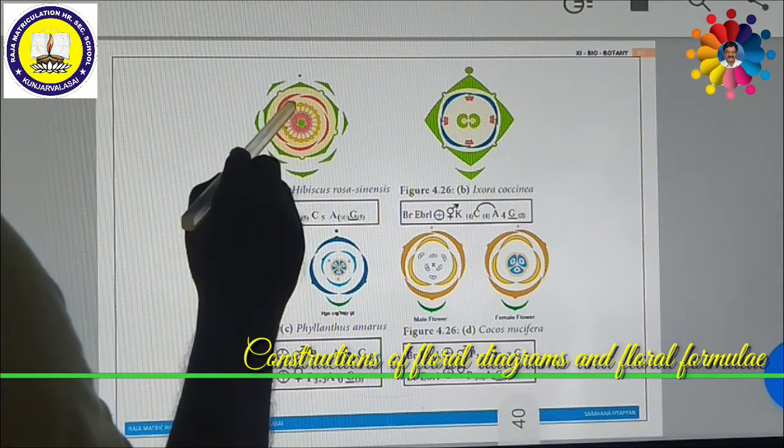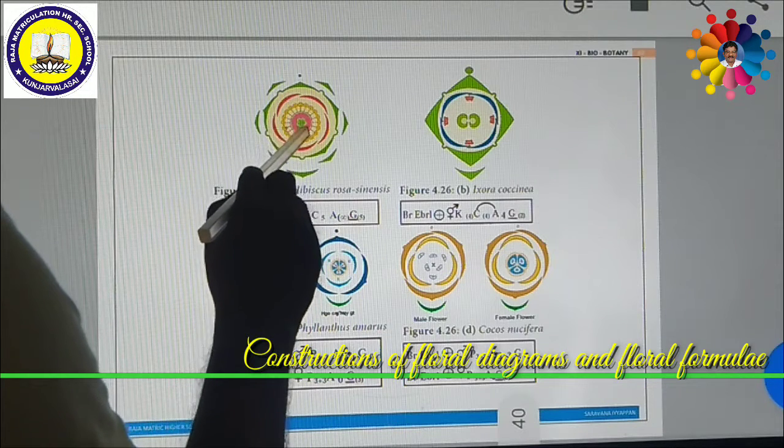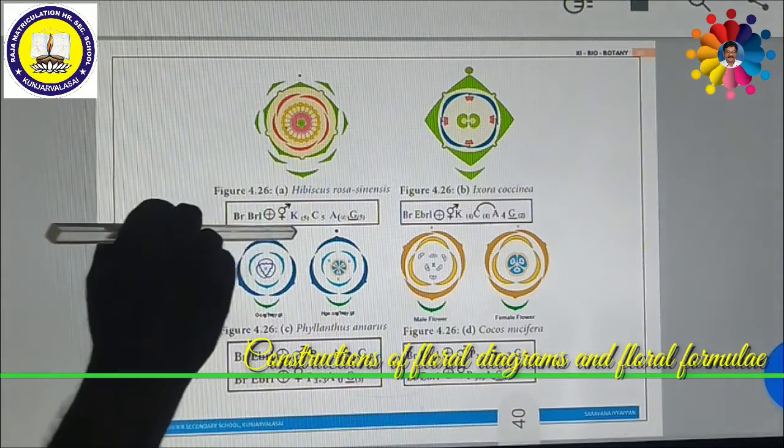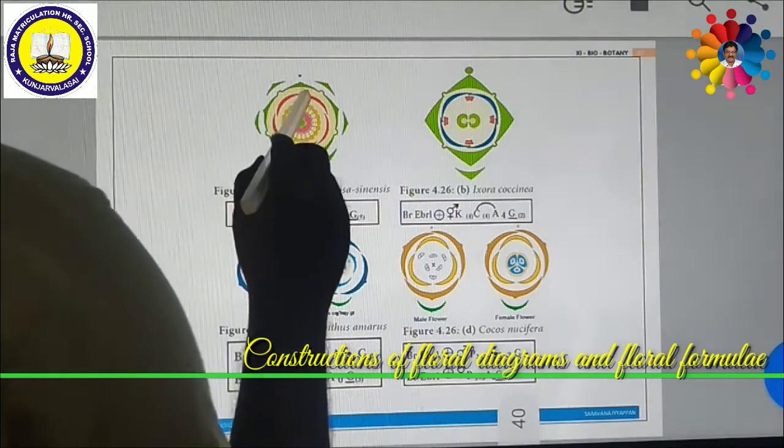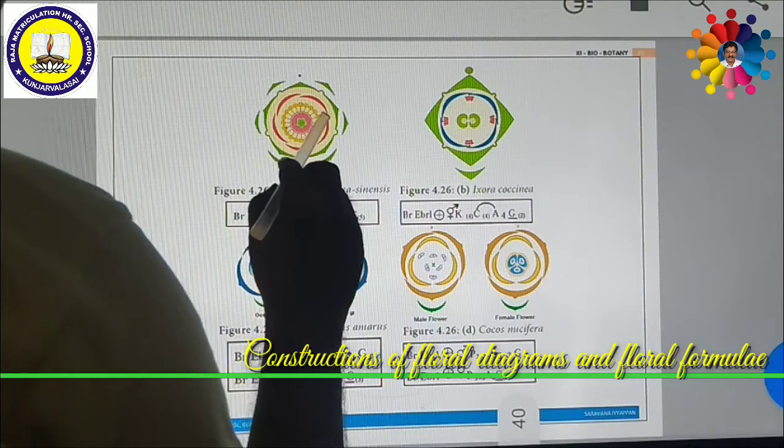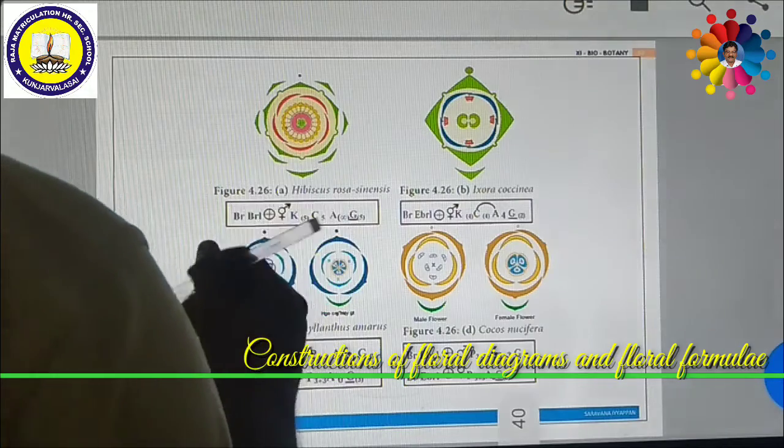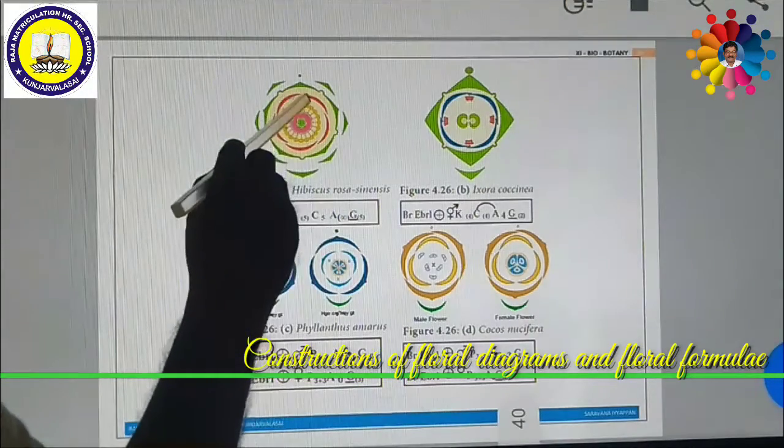That means all the filaments are fused together to form a tube-like structure. Then the kidney-shaped anthers are attached at the filament. So this is androecium.